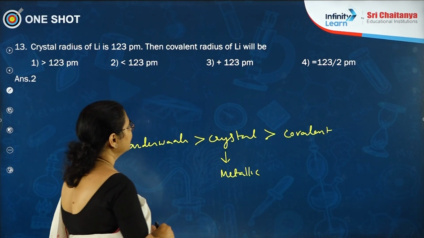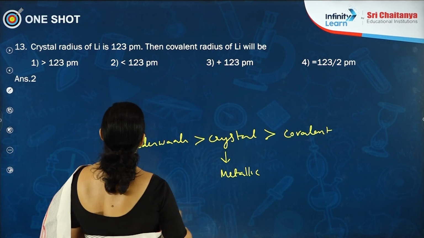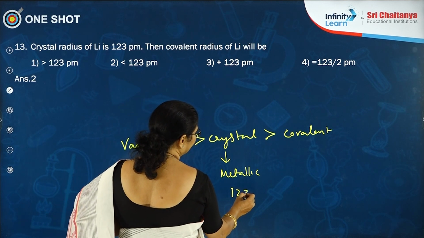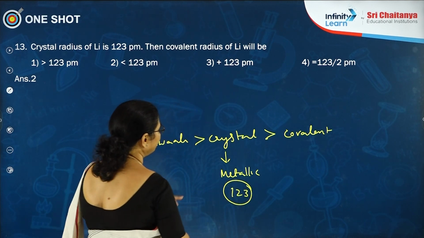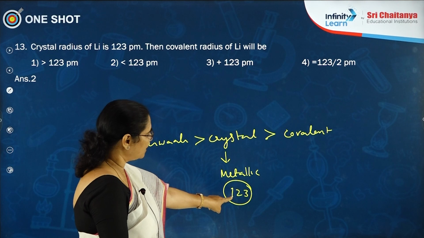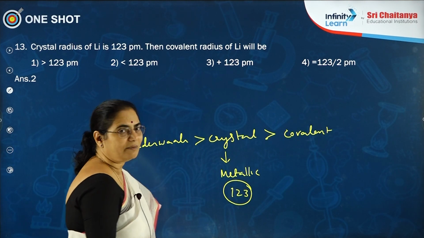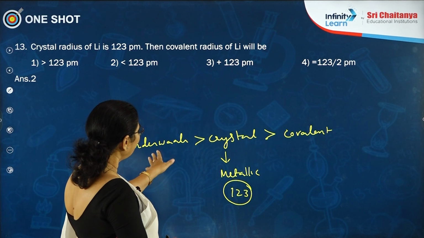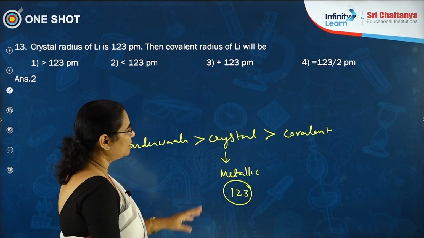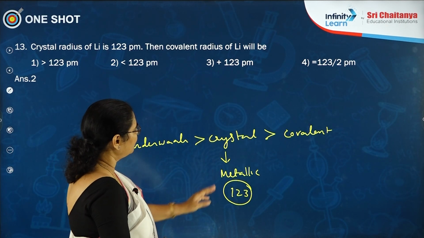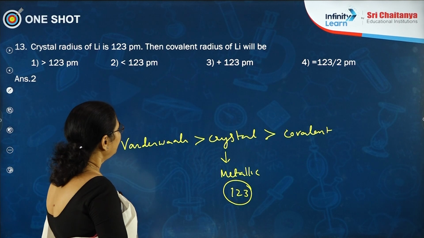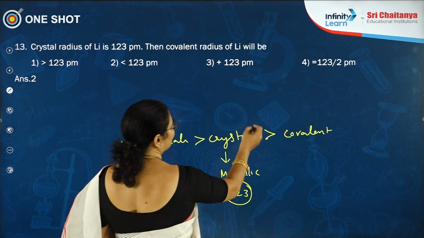Now look at this, he has given crystal radius is 123. So, just by relative comparison, van der Waals should be greater than 123 pm and covalent is less than 123. No need to calculate, just relative comparison we can give. Next, one more question.